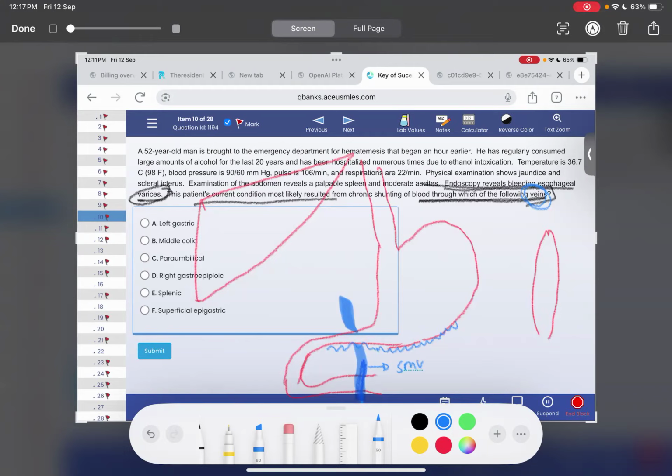This is your right gastroepiploic vein. Like the artery, but just change the name to vein. It drains into this, the superior mesenteric vein.